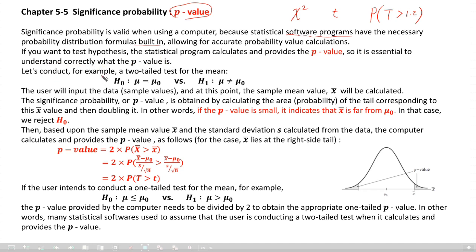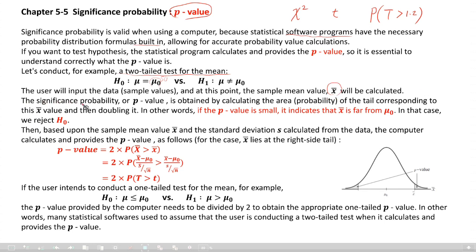Let's see, for example, we try a two-tailed test for the mean like this. H0: mu equal to mu 0, some specific value. In the previous example we took it as 50. H1: mu is not equal to mu 0. The user, we, will input the data in the computer, and at this point the sample mean value, small x bar, will be calculated.